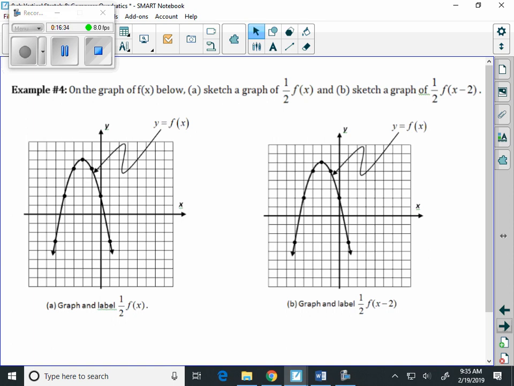And once again, when we vertically stretch or compress, we're only changing the y values on these graphs. We take a look at this one here. Start at the far left. That point is -5, -3. -3 times 1/2 is -1.5.